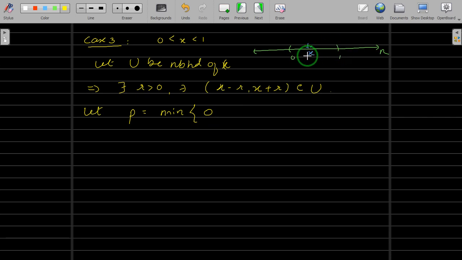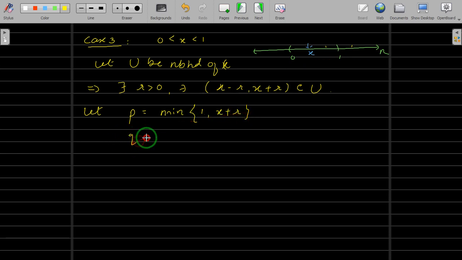Okay, so let P be the minimum of this 1 and this x plus r. x plus r can be here or here, right? If x plus r is here, then you will take x plus r because you are taking minimum. If x plus r is here, then you are taking 1. Okay, so 1 and x plus r.